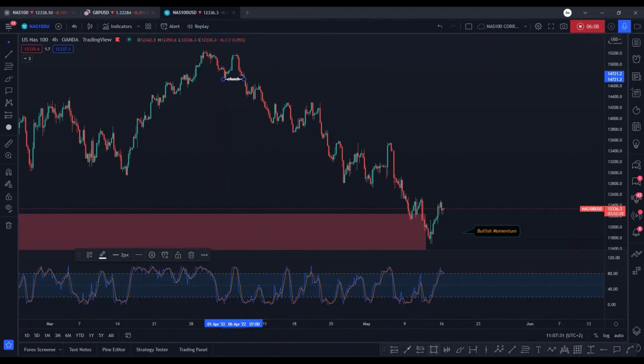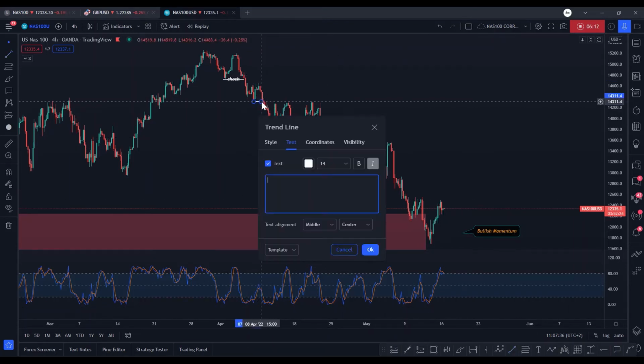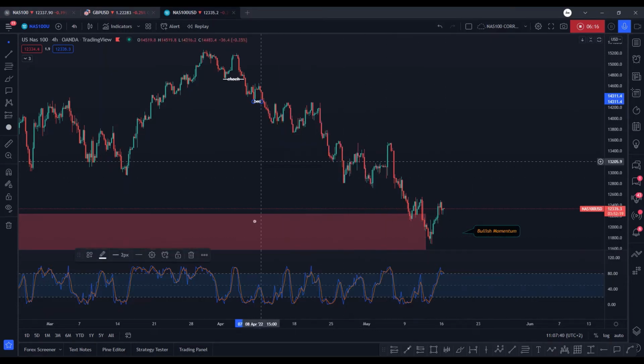So in this case, we had a change of character at that point of the swing, and then we had a break of structure here, and then we had another break of structure going down as the trend continued to the downside.